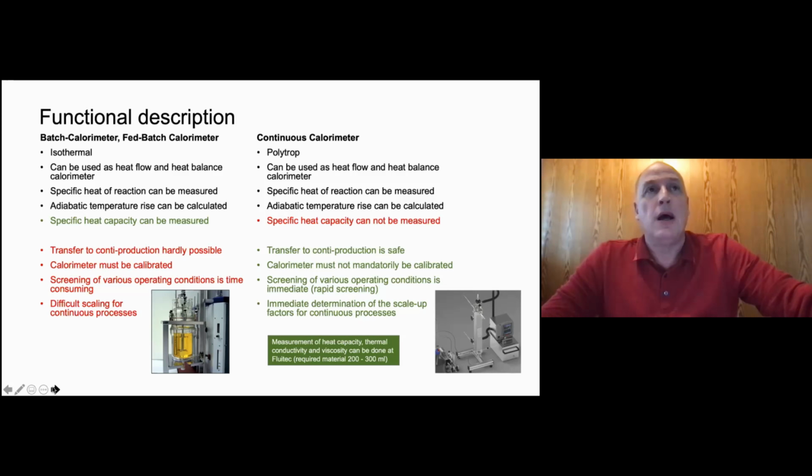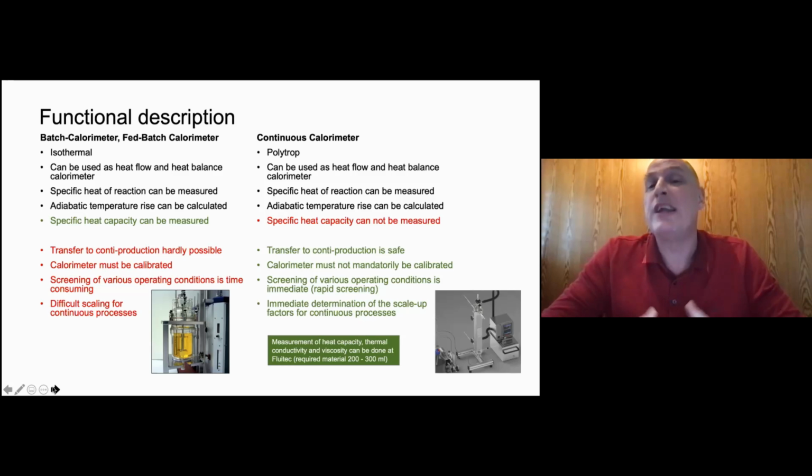He had some results from an RC1, from a classical batch reaction calorimeter, but he didn't have information about what happened exactly in this reaction, how fast this reaction is, and he wanted to know a little bit more about the kinetics. He had a polytropic temperature profile, but nobody was able to look into the reactor.